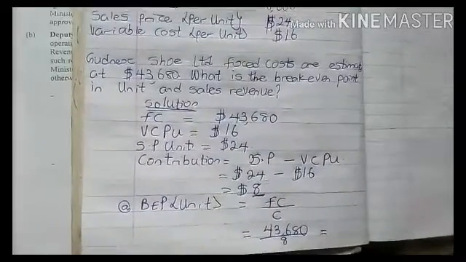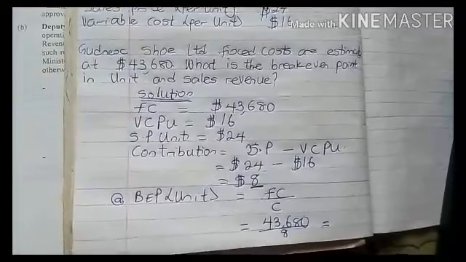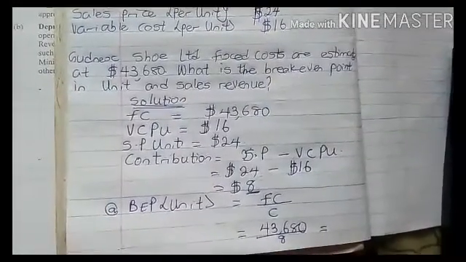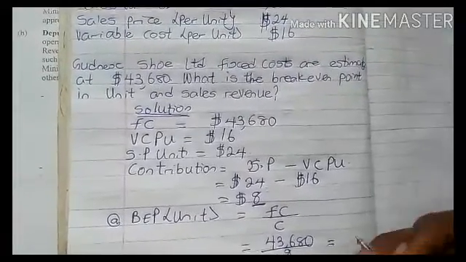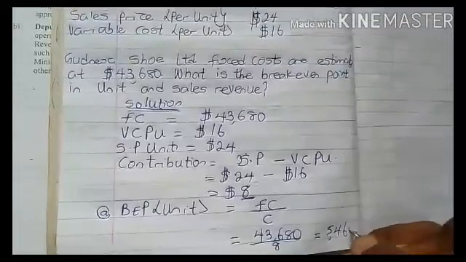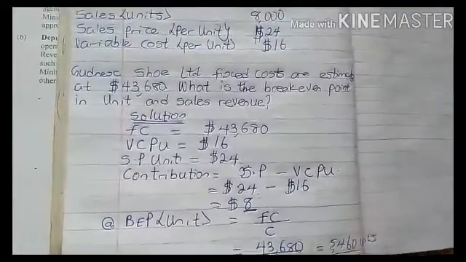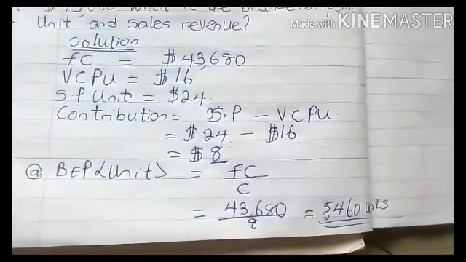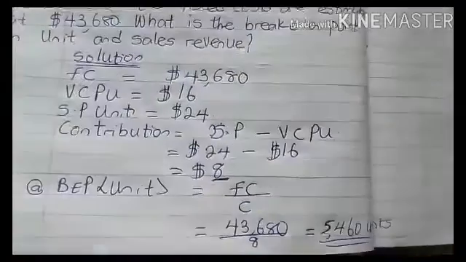So 43,680 divided by 8. This is 5,460 units. Do not forget to put units. 5,460 units.